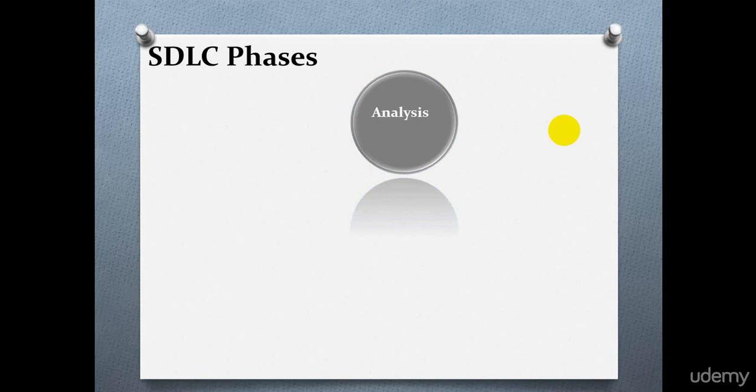And the next phase of SDLC is analysis. So in this phase, all the requirements from the client are gathered and analyzed to verify few factors like clarity and completeness of the system and its ability to meet the requirement and any dependency issues.